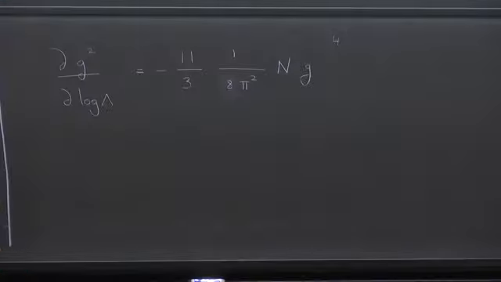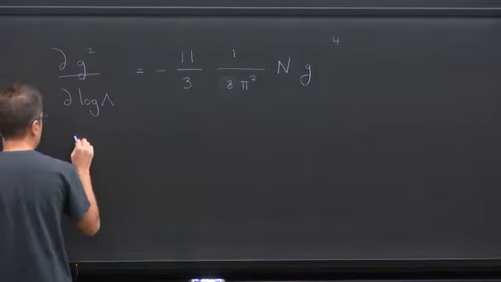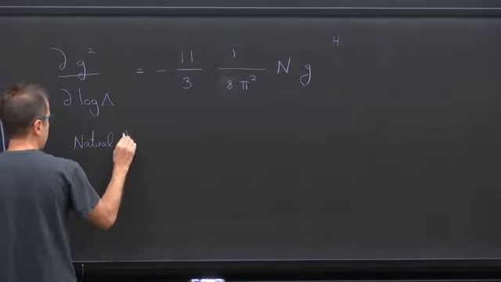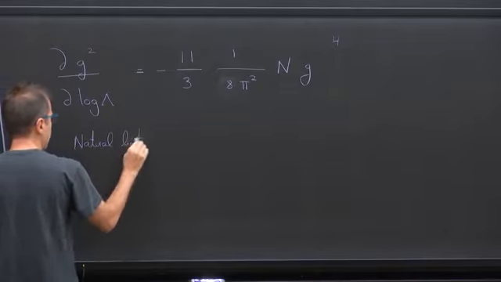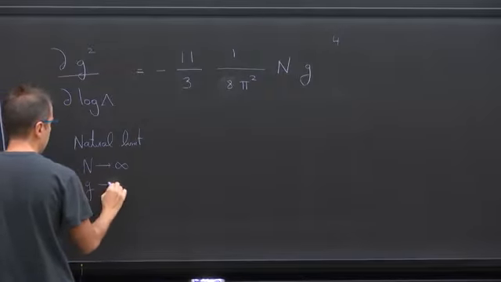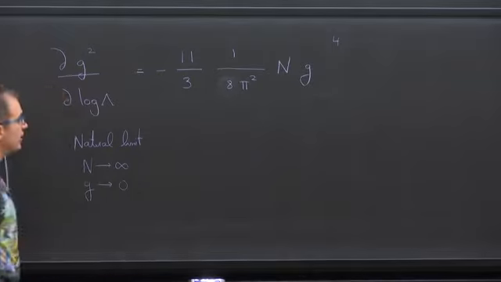Thank you. So what should you define? What limit should you take? What would be the natural limit? We want to send n to infinity, g to 0, and what would you hold fixed to have a good limit in this equation? How would you do the same game as we did here?